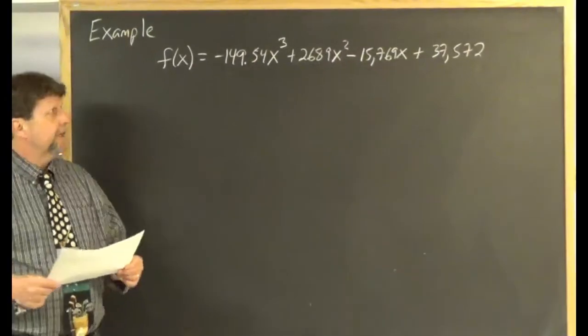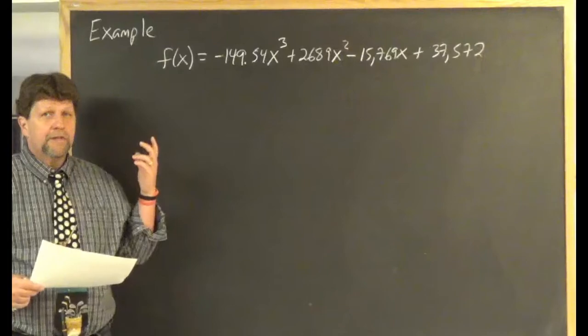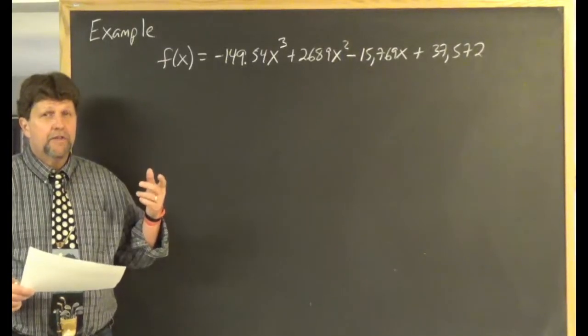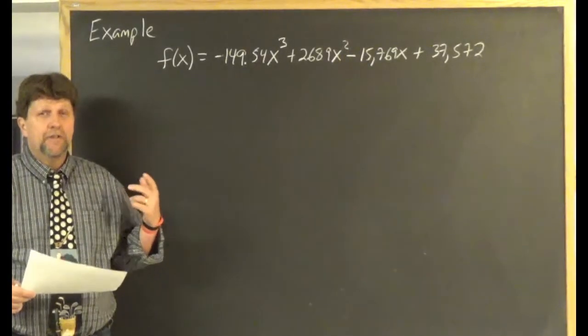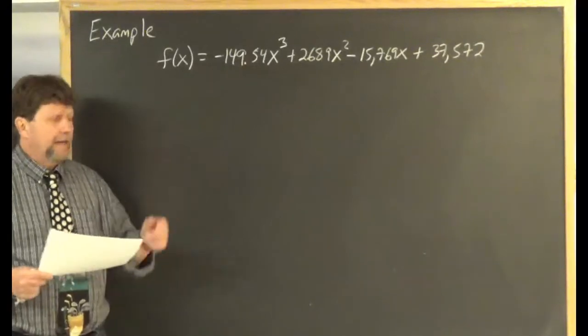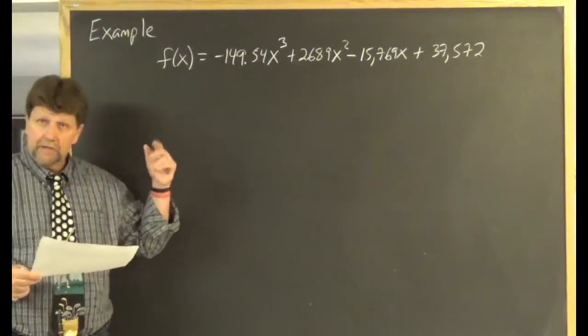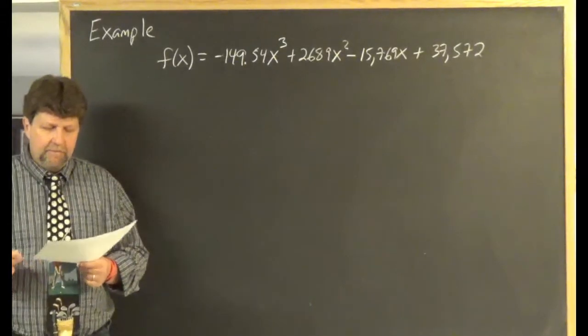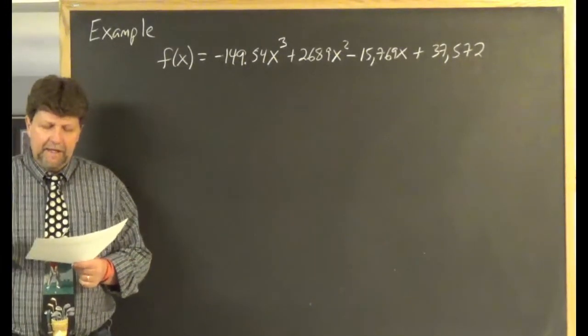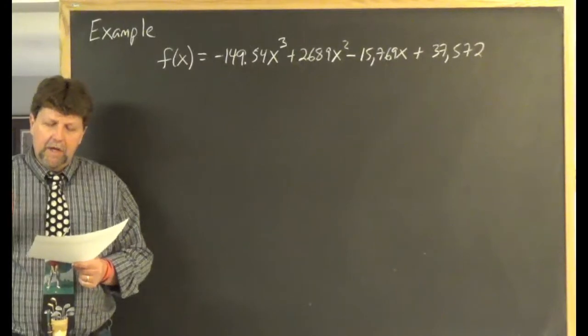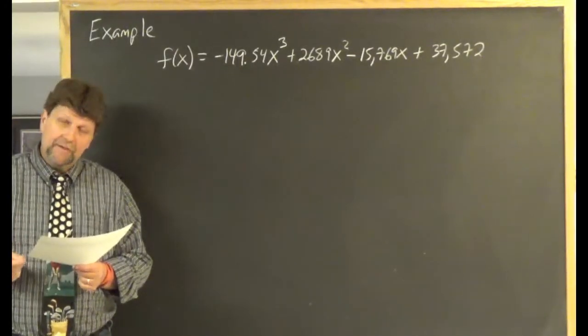All right, folks, here we're looking at the example. I didn't write all the words down. As I suggested to you, write it down into your notes, so hopefully you did. I just wrote down the function, and we're supposed to use this model to calculate the average number of 60 kilo bags that were exported from 2004 to 2009.